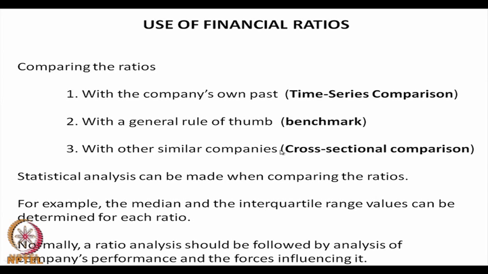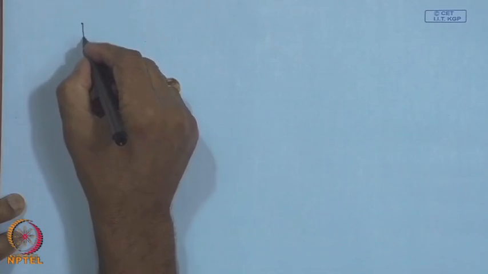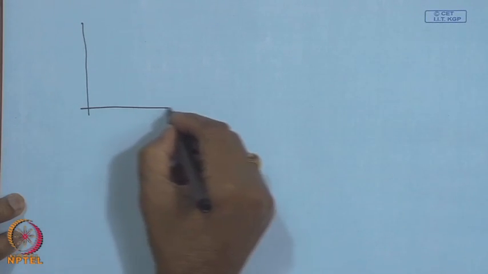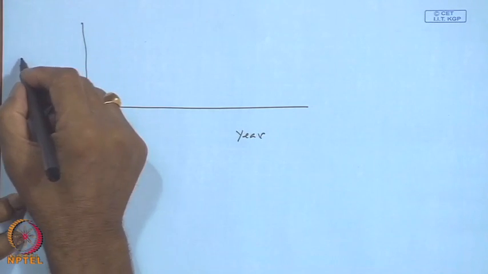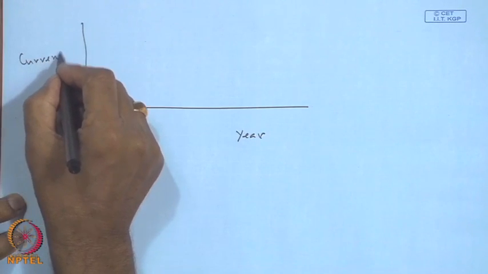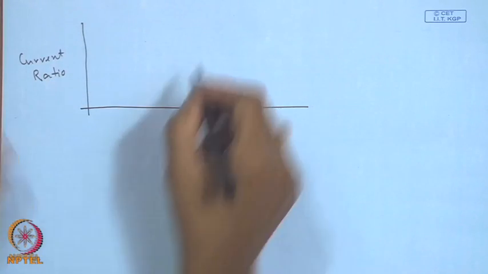Now, for example, in case of a company which has existed for the last 5 years, it is possible to show, let us say we are drawing it here. We can show year here, and let us say we plot current ratio here, one of the ratios for the same company, XYZ company.